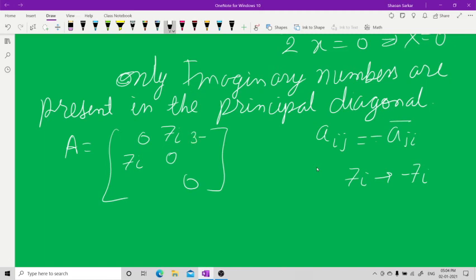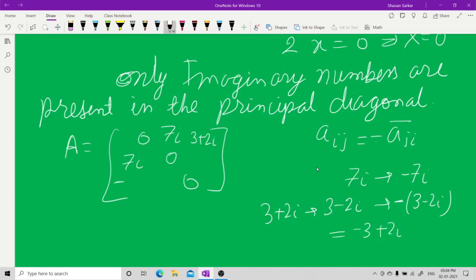Like 3 plus 2i you write here. So you take the conjugate of this, 3 minus 2i. The conjugate of 3 plus 2i is 3 minus 2i. And then multiply with a minus sign, so this becomes minus 3 plus 2i.